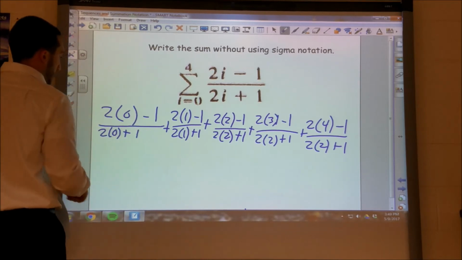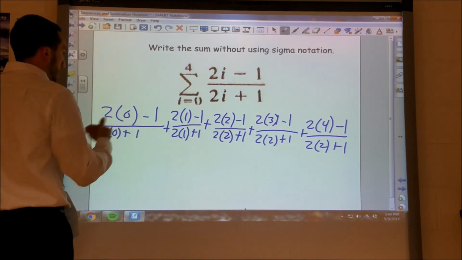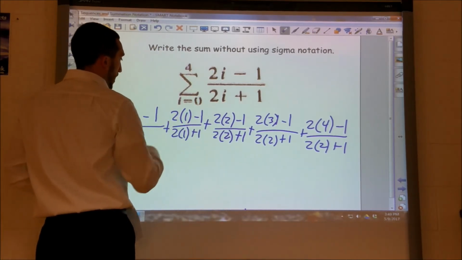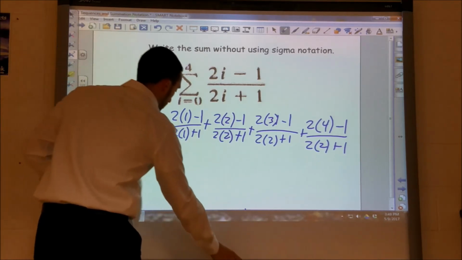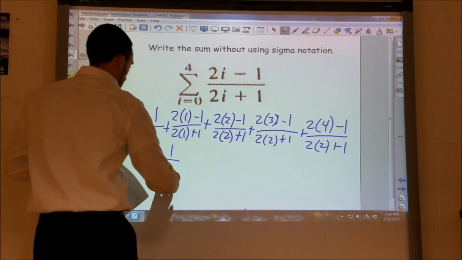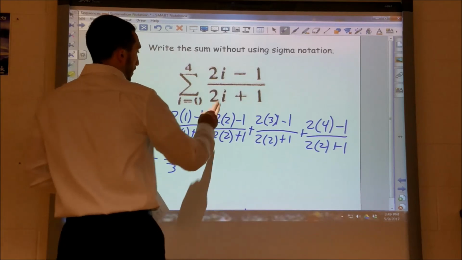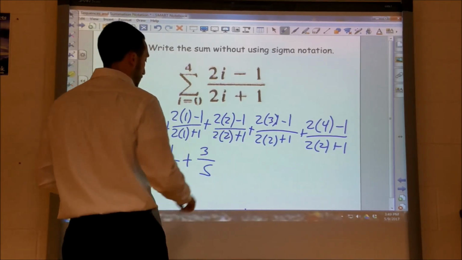So 2 times 0 minus 1, negative 1, over 2 times 0 plus 1, 1. So I get a negative 1 for my first term. 2 times 1 minus 1 is 1, and 2 times 1 plus 1 is 3, so we get 1/3. 2 times 2 is 4, minus 1 is 3, and 2 times 2 is 4, plus 1 is 5.